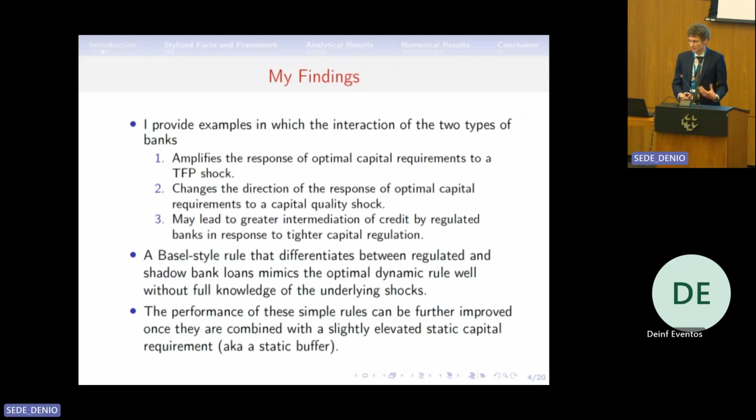I also study how the performance of this kind of rules can be further improved, and it can be achieved by a small elevated static capital requirement that I'm calling a static buffer.